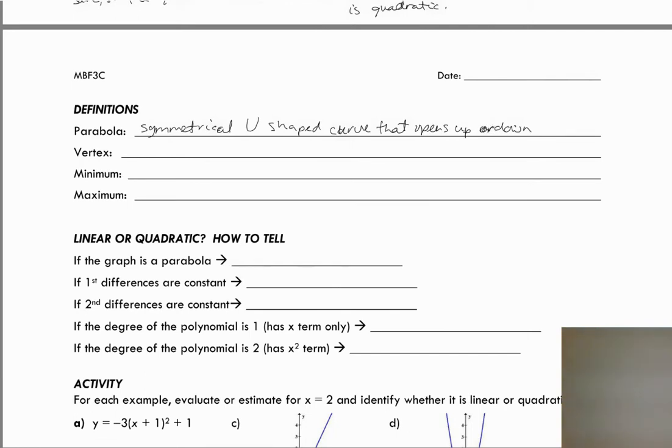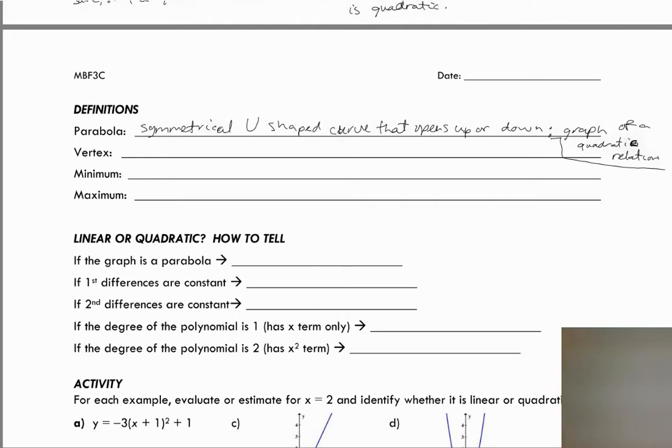And the graph of a quadratic relation. Okay, let's hope our next definition isn't as long.